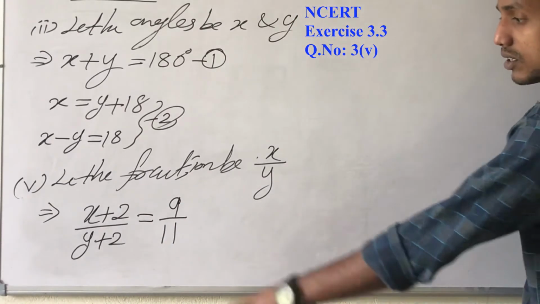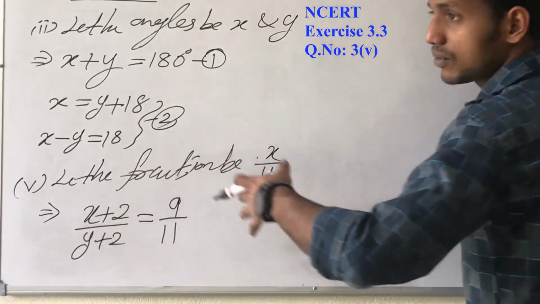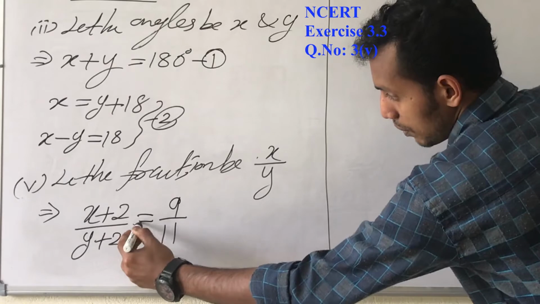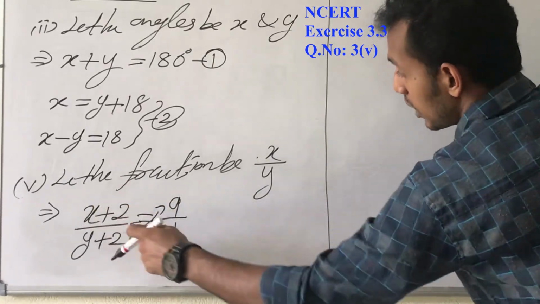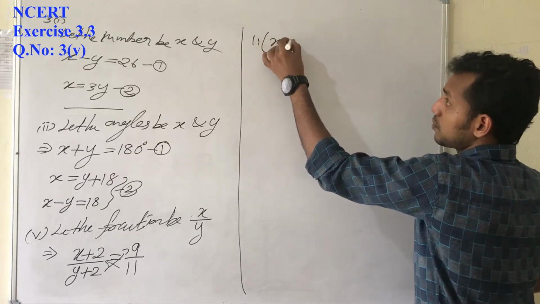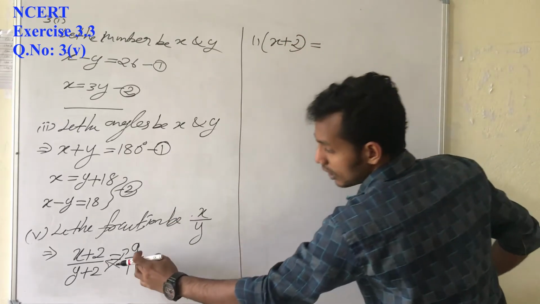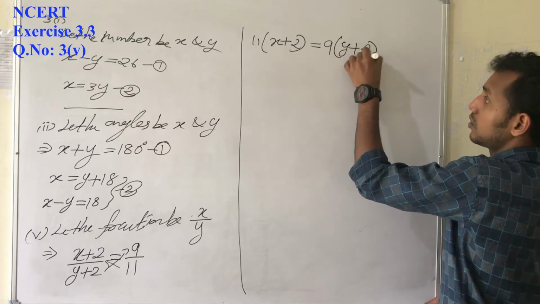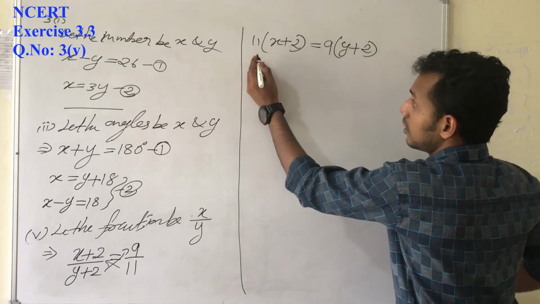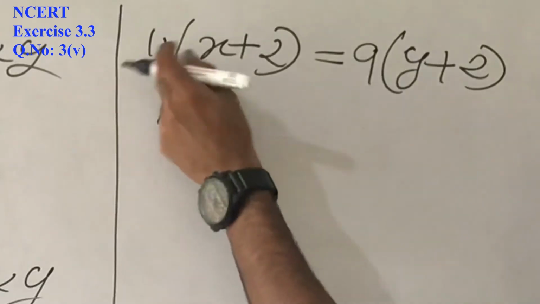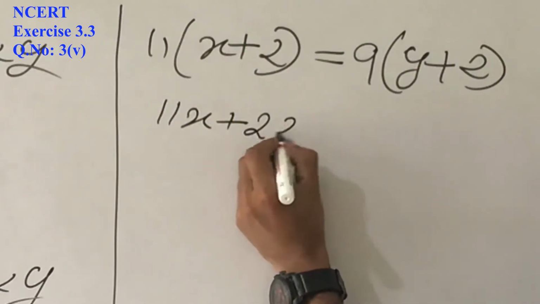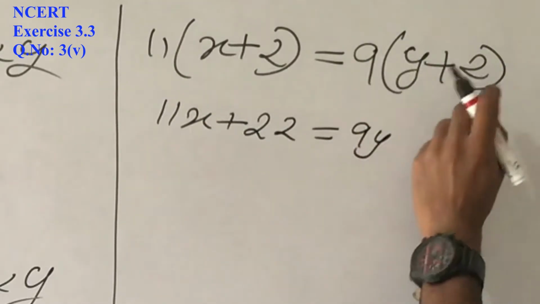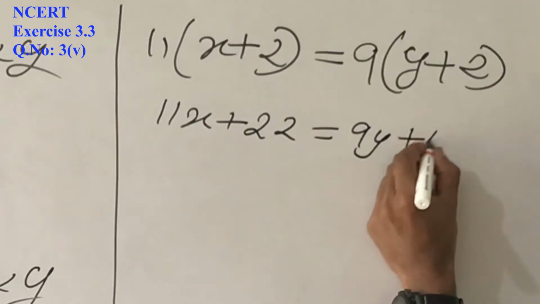So this is the first equation we derived from the first condition. Rearrange it, cross multiply it. So 11 into x plus 2 is equal to 9 into y plus 2. Expand it. 11x plus 11 into 2, 22, is equal to 9y plus 9 into 2, which is 18.